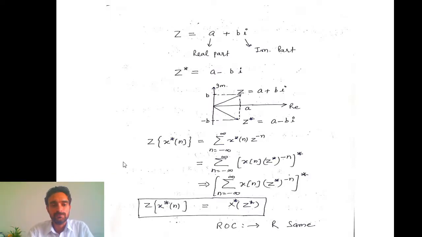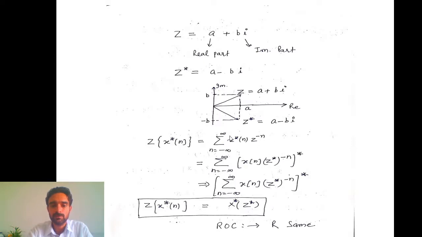So if x conjugate of n, z to the power minus n, this is the z transform of this x conjugate of n. Okay, we can take the whole conjugate of this term. So the whole conjugate is there, x of n, z conjugate to the power minus n. If we solve this term again, then this conjugate will appear at x conjugate of n, and this conjugate will be cancelled out. So the same thing is there after solving this conjugate.